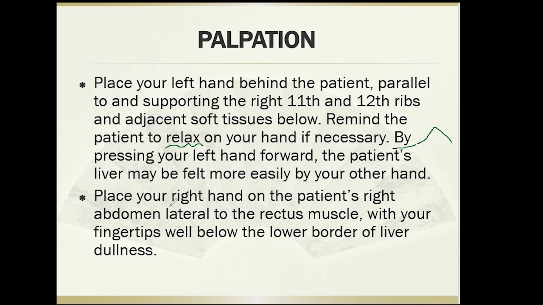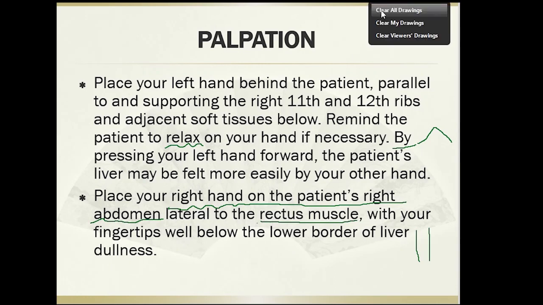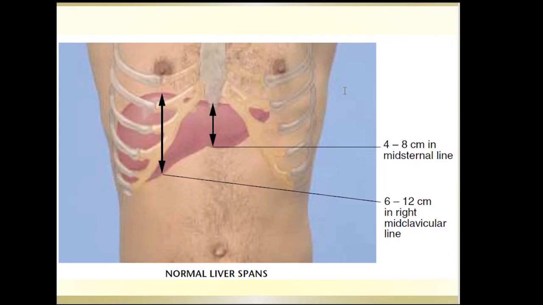Then put your right hand lightly on the patient's right abdominal area, on the rectus muscles. When you go to anatomy, you know the rectus muscles are basically in the center. Then your fingers move from the lower abdominal area gradually to the upper abdominal area.